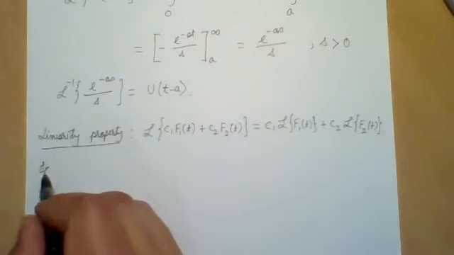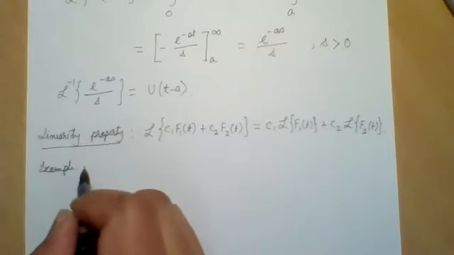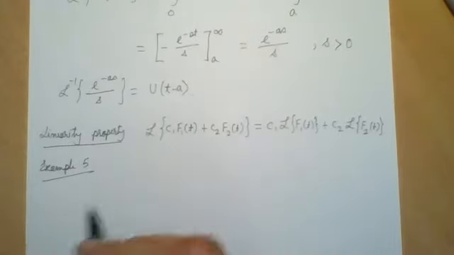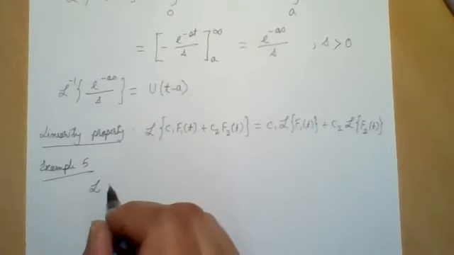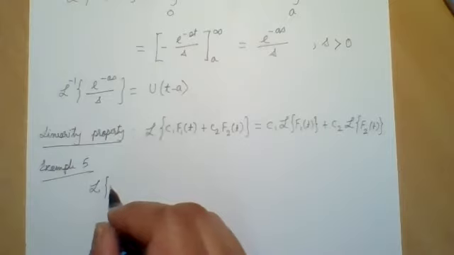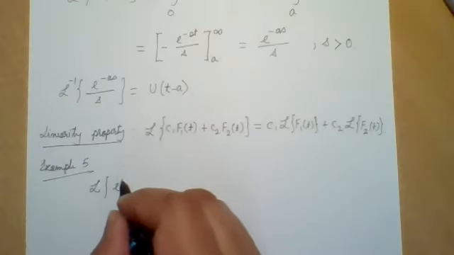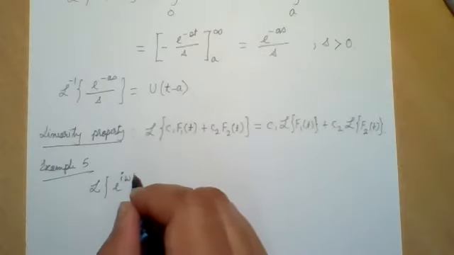Example number 5. Let us find out the Laplace transform of e to the power I omega t.